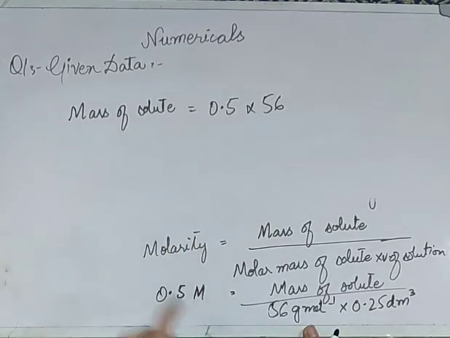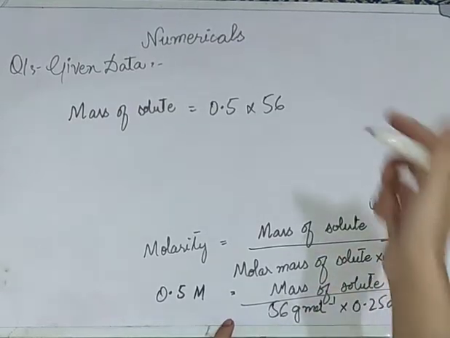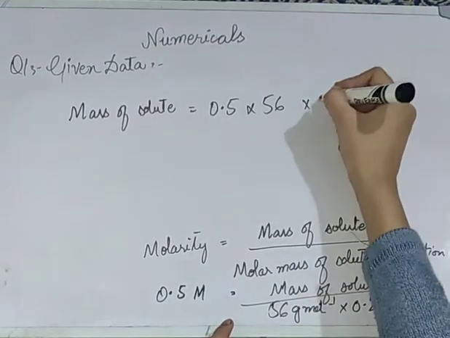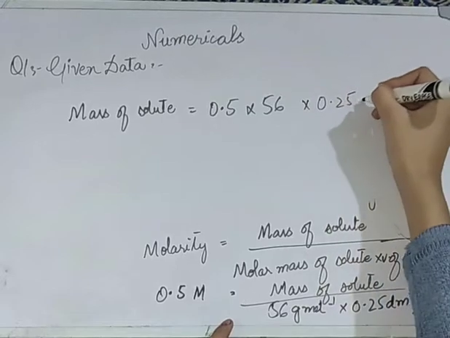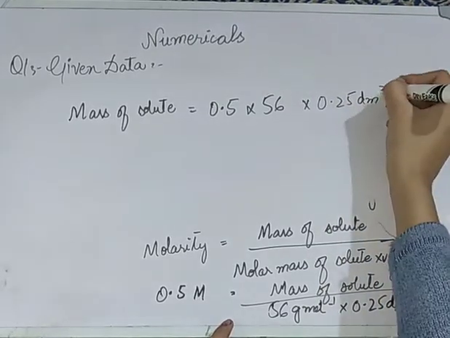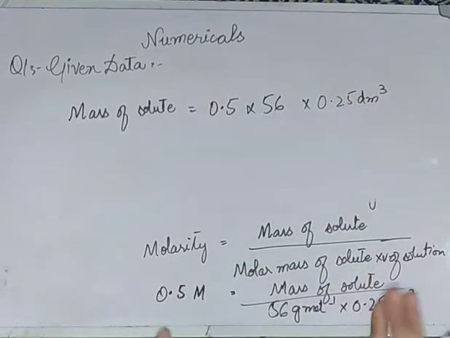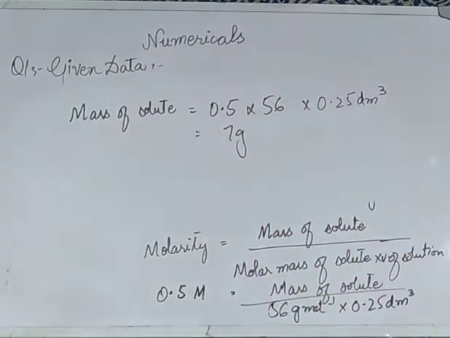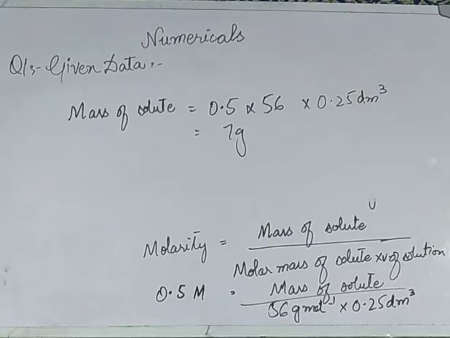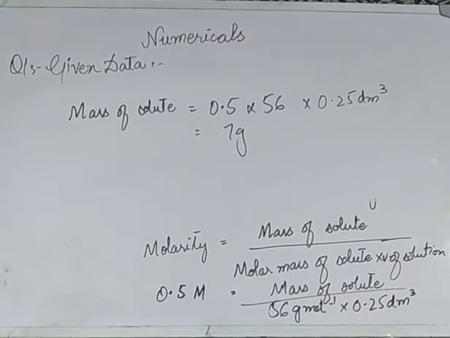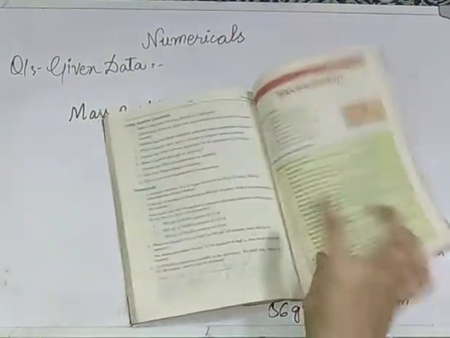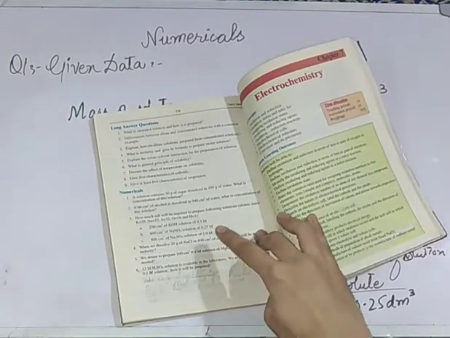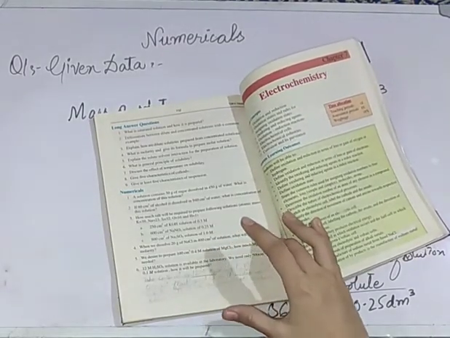When we change its place, the 56 will be multiplied by molarity and multiplied by 0.25 decimeter cube. We'll calculate it all together and get the answer as 7 grams. So we have 3 parts of the same question, and you can do all these parts with the same formula.